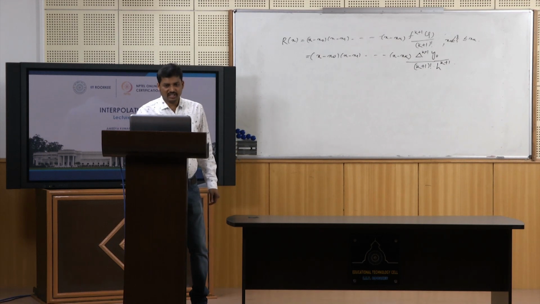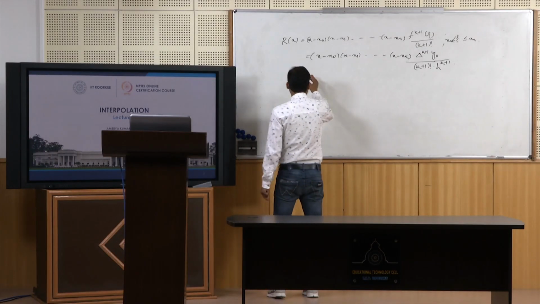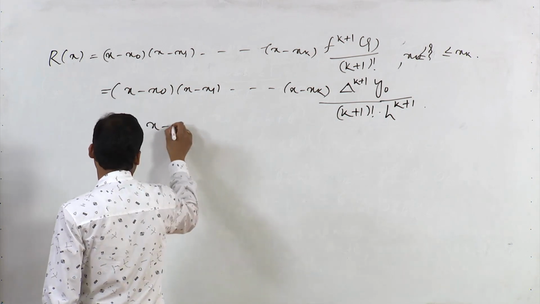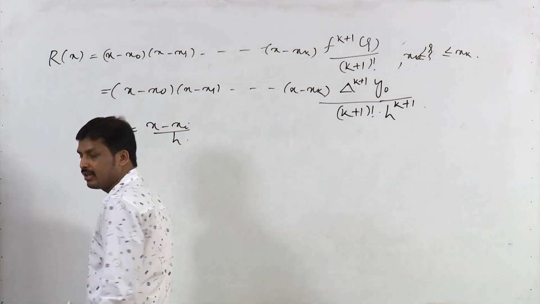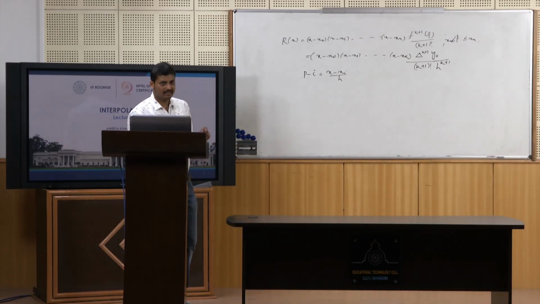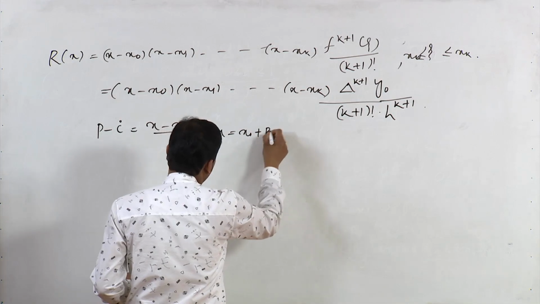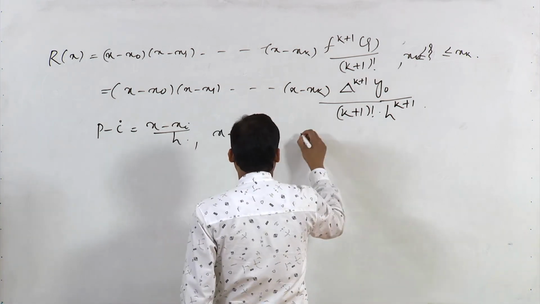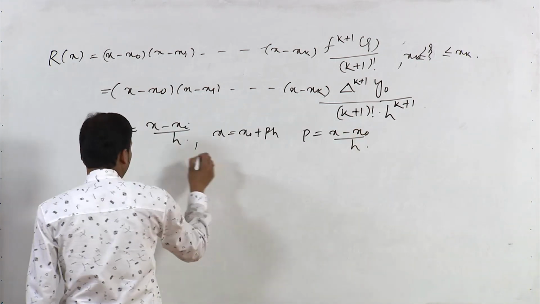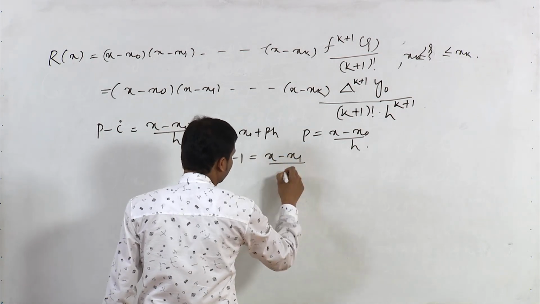So if we use this transformation, we have already shown that p minus i can be represented in the form of x minus xi by h. Since we have already shown that p can be represented as x minus x0 by h, which we expressed in the beginning, since x equals x0 plus ph. So that is why we can write p equals x minus x0 by h, and if we write p minus 1, it is represented in the form of x minus x1 by h.